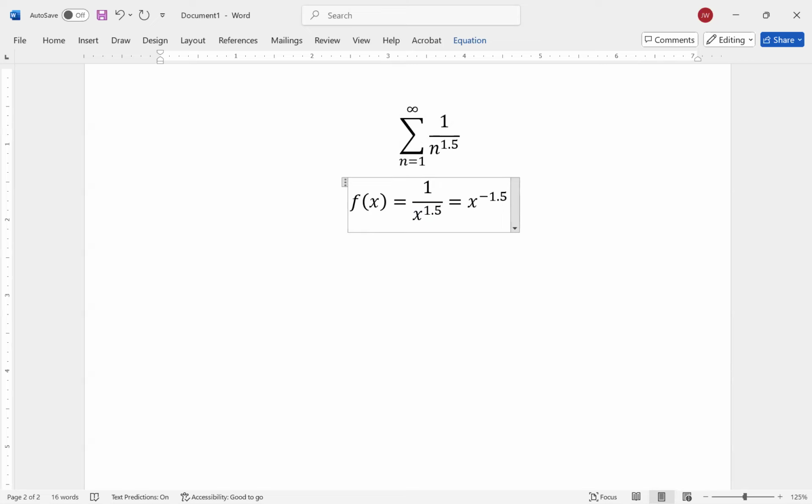It's a little bit easier to integrate in that form. By the way, f of x is always positive when my x values are 1 and above. It's decreasing and continuous. So we're good to use f of x with the integral test. So let's go ahead and do that.